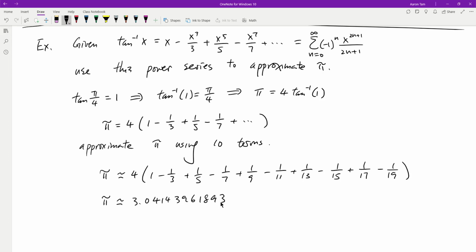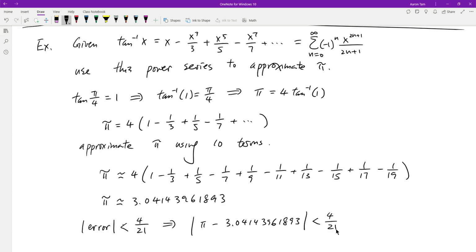Now, is there a way to actually calculate the error? Well, of course there is. The absolute error, in this case, should be less than 4 over 21. That implies that if I take pi and subtract this approximation, it should be less than 4 over 21.